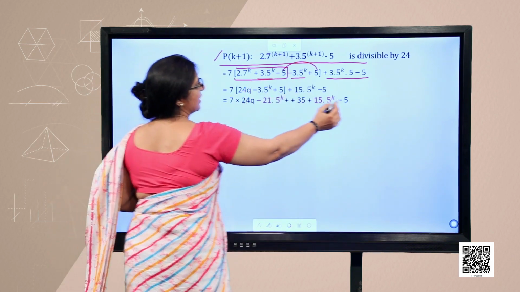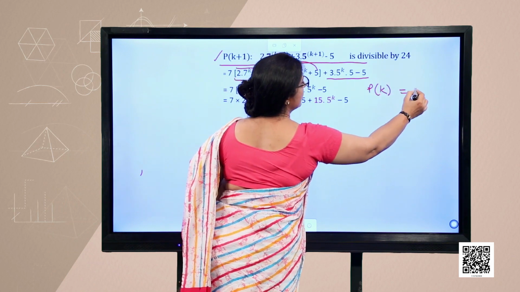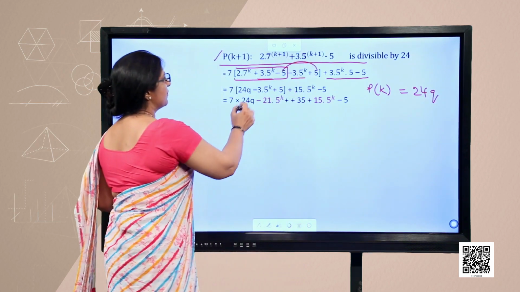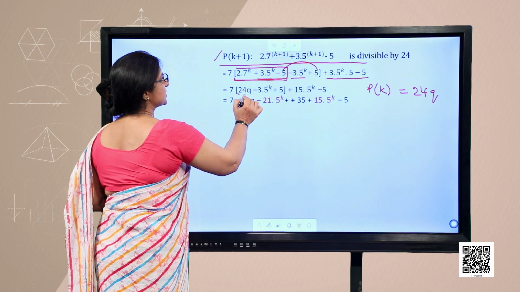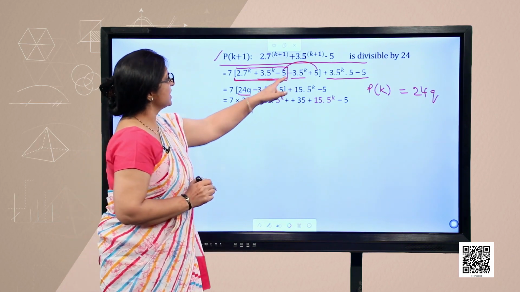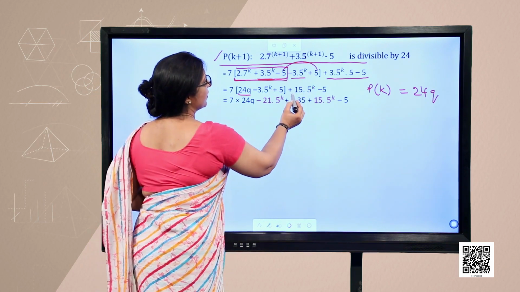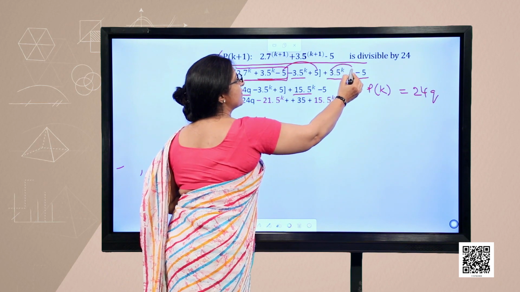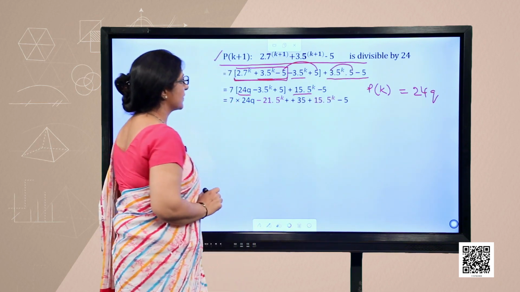And in the previous slide, we proved that pk is equal to 24q. We are using this 24q in place of this much expression, and the rest of the terms as they are. And from where did we get this 15.5 power k? This 3 and 5 get multiplied, 15 5 power k minus 1.